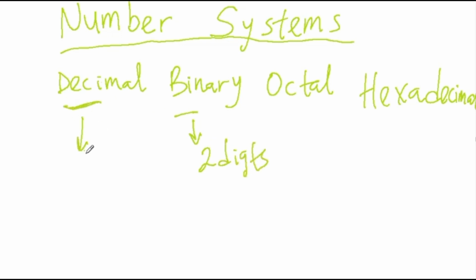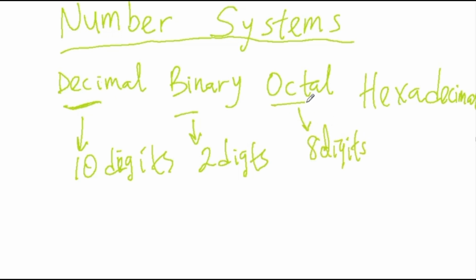Decimal has 10 digits because deci means 10. And octal has 8 digits because octal means 8. Now hexadecimal has 16 because hexa means 6 and deci means 10. So it becomes 16.